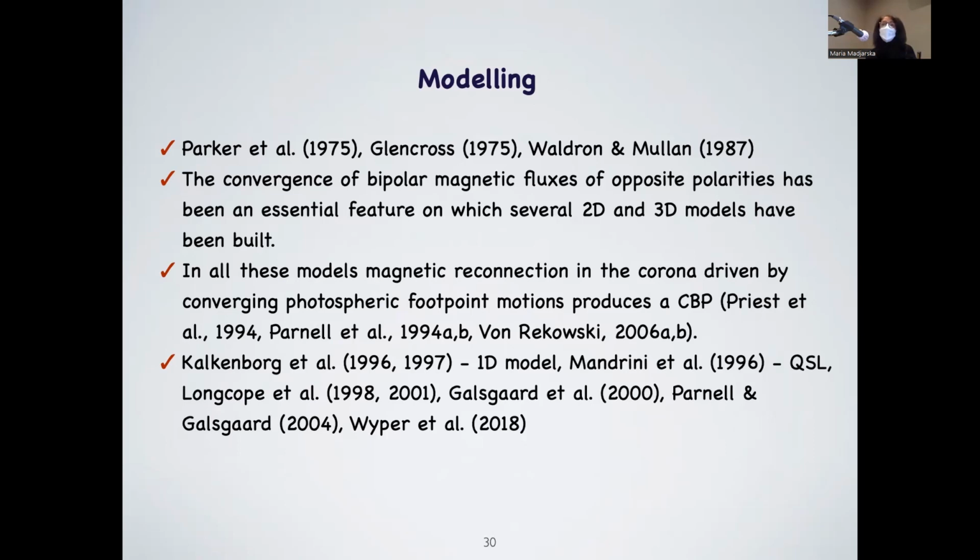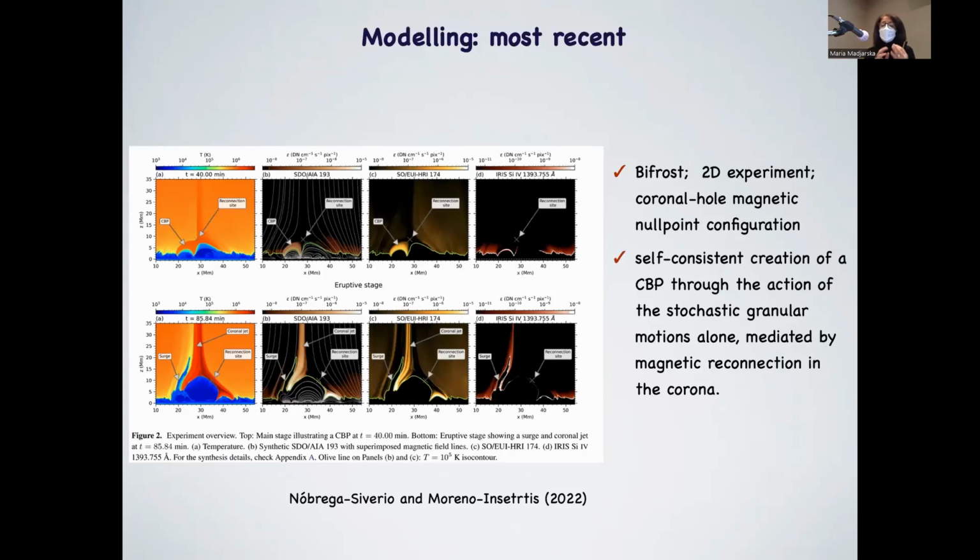So Parker Solar Probe, which is now very close to the sun. He made a first model in 1975 and was followed by many other models. But I will mention the most recent one, because this is closest to a quite realistic model.